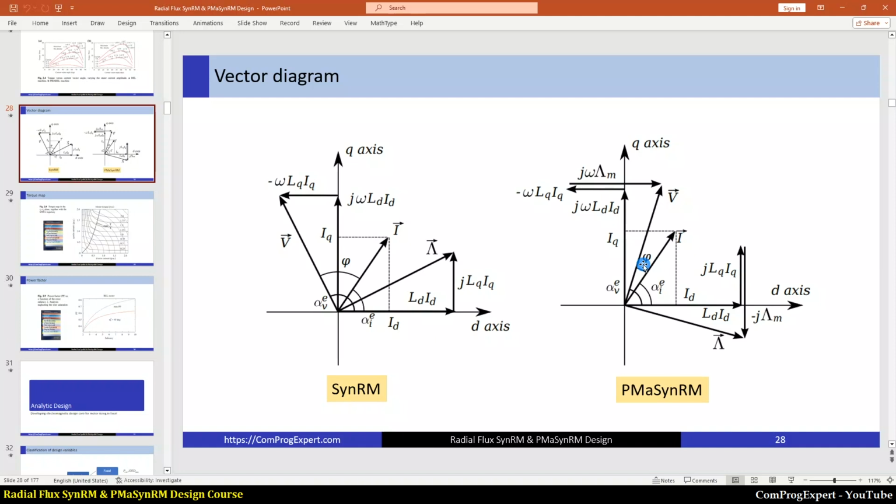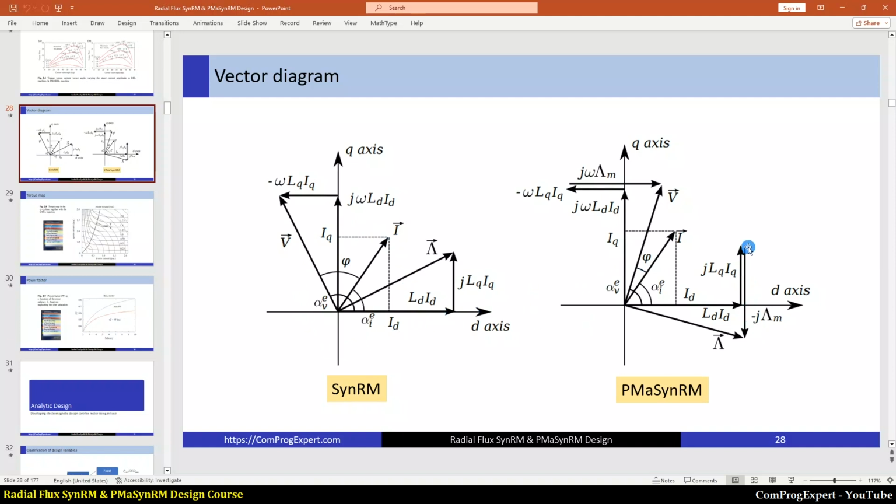But how much depends on targets. For example, you want to design a PM assisted motor considering power factor equal to 0.8, 0.9, or even 1. So first you design a pure synchronous reluctance motor and optimize it.